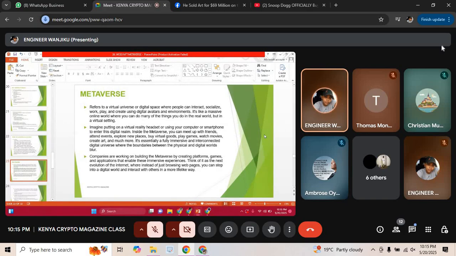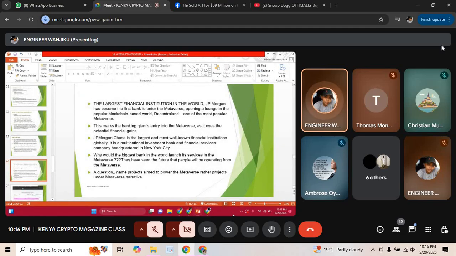That's an example of a game that incorporates the metaverse. Think of it as the next evolution of the internet, where instead of just browsing web pages, you can step into the digital world and interact with others in a more lifelike way.